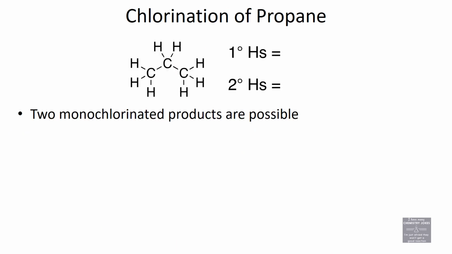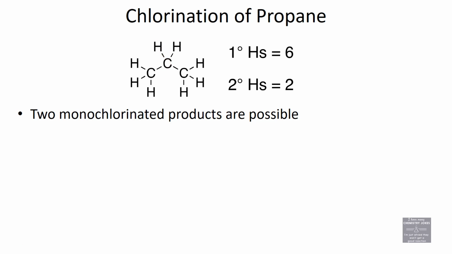Okay. So here is propane. Propane has multiple types of hydrogens. Multiple types of hydrogens could be abstracted. There are primary hydrogens out here on these primary carbons. How many of them? Six. There are secondary hydrogens up there on that secondary carbon. How many of them? Two.